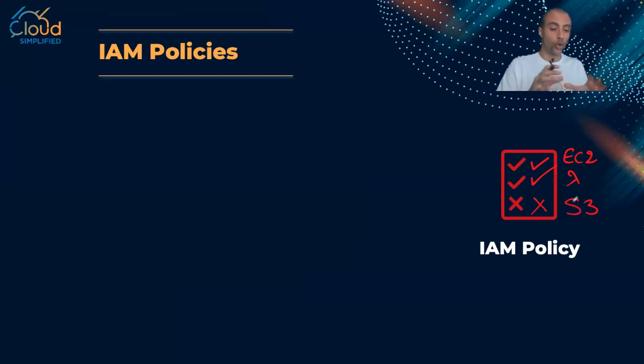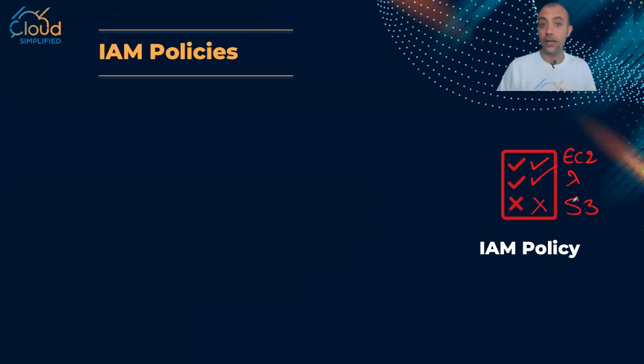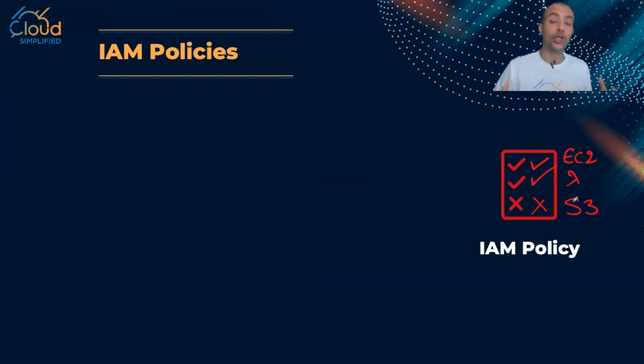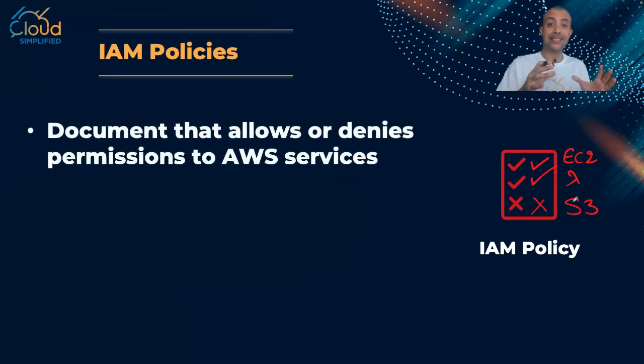So anyone who is assigned a policy like this can access EC2 instances, they can access Lambda functions, but they cannot, for example, access S3 buckets. So the IAM policy is a JSON document that allows or denies what kind of permissions you want to give to this user or to this group.